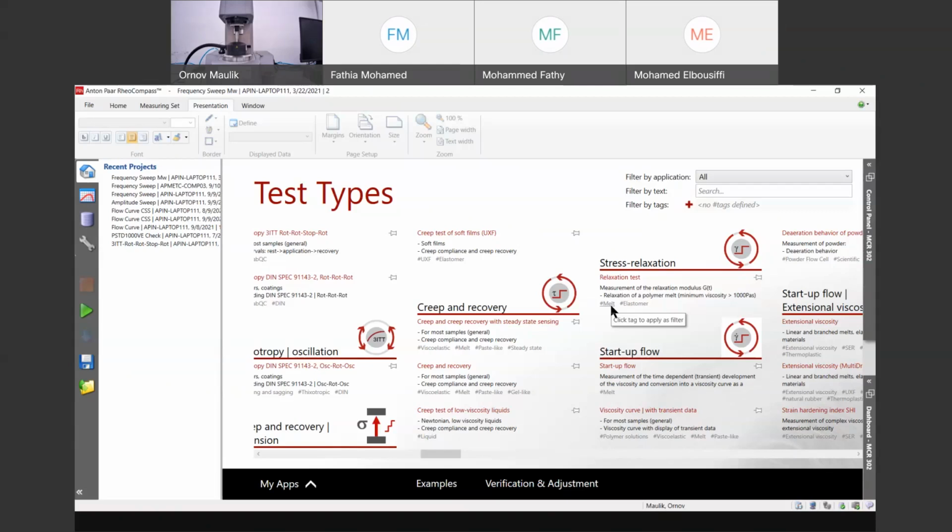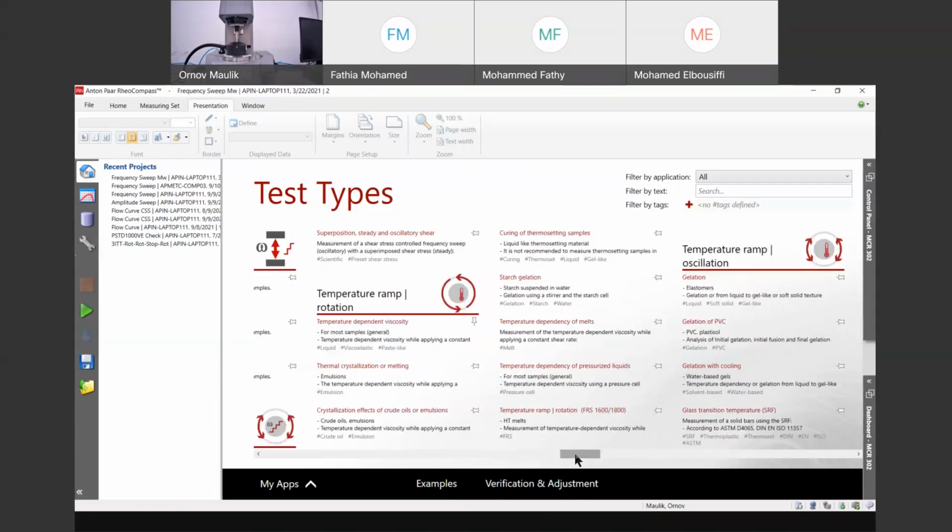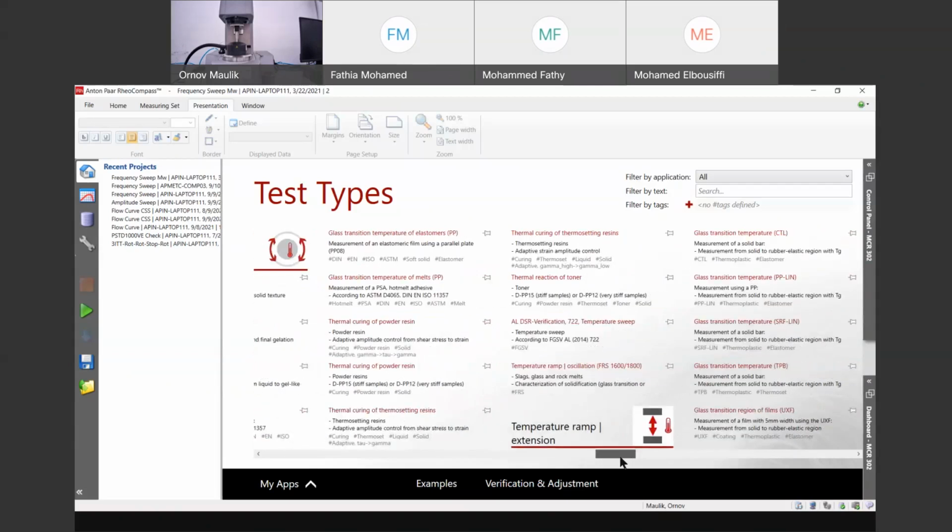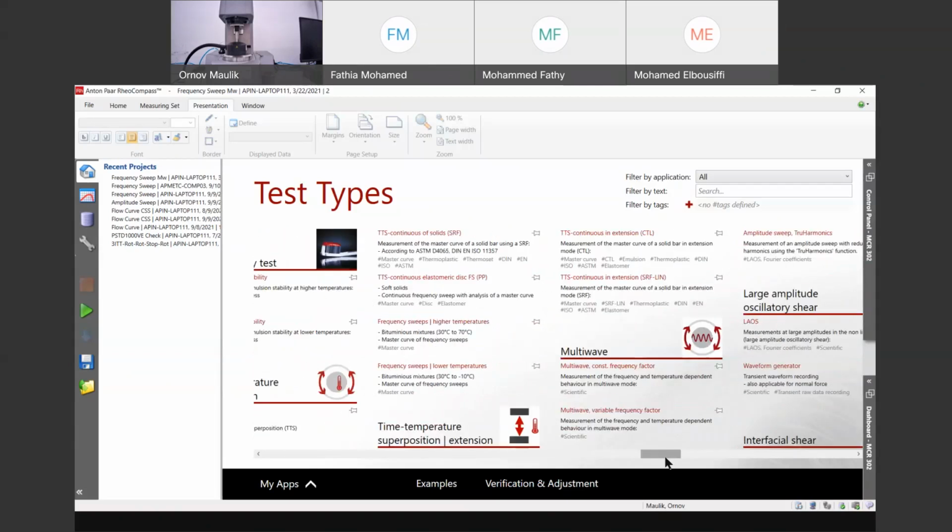There are various other tests which are very useful for various applications, like temperature dependent study and time dependent study. In addition, you can also do some tribology using this type of test. We can also perform a tack test, to check the tackiness of any particular sample.